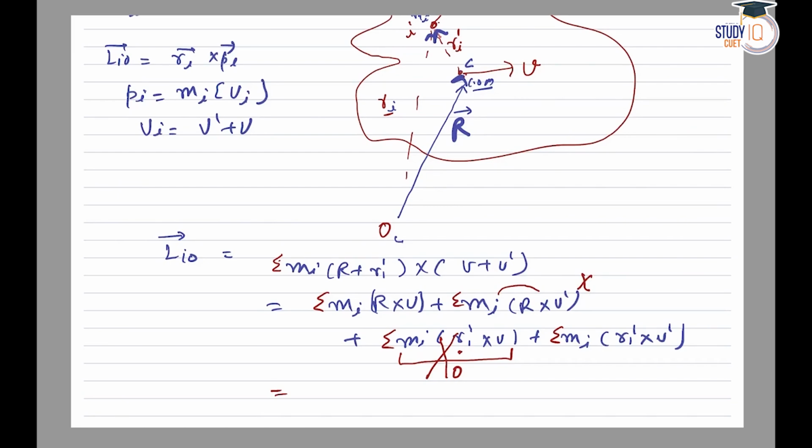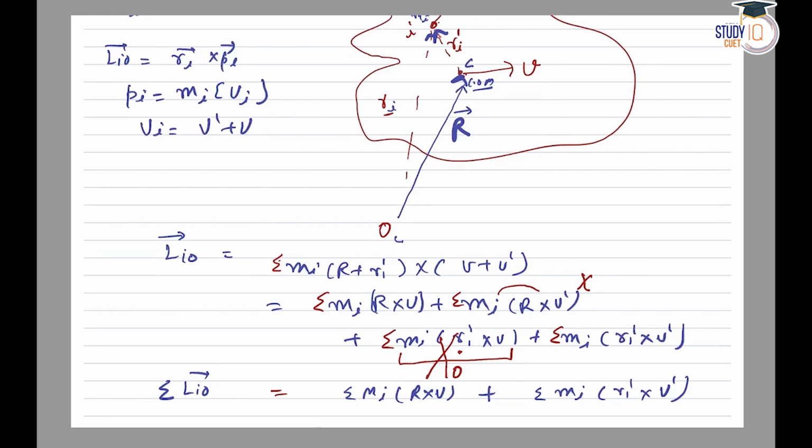Finally, the expression which is left is the angular momentum of all the particles with respect to point O, which can be written as the summation of Mi into R cross V plus the summation of Mi into Ri prime cross V prime.